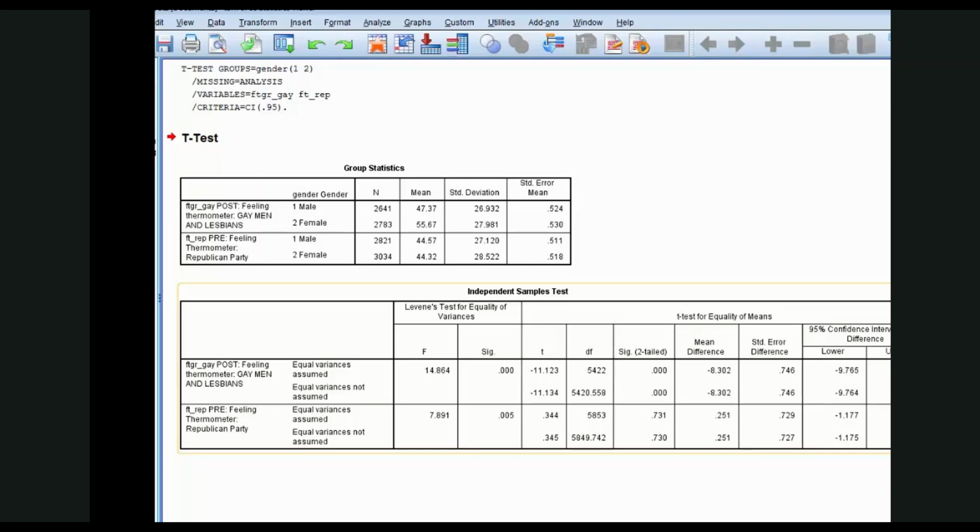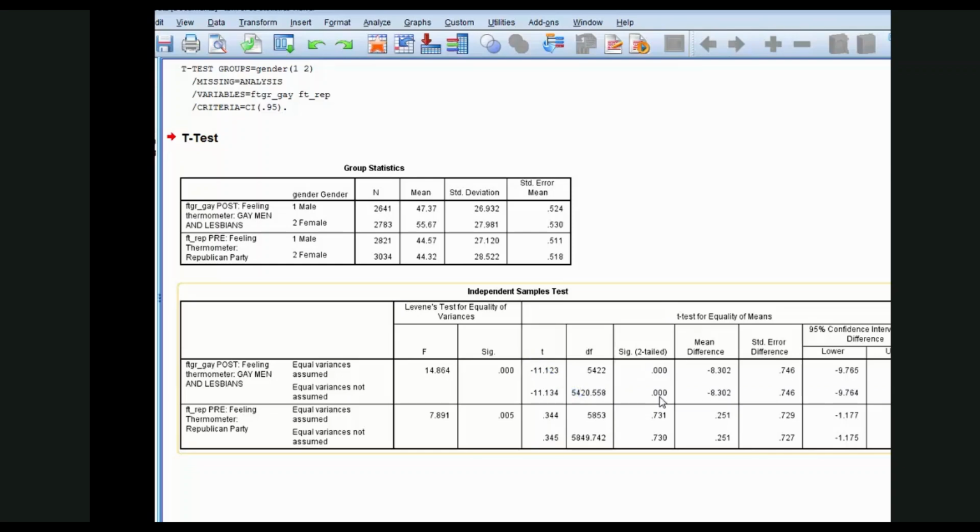Does zero occur within this interval? No, it does not. Zero is quite a ways away, even from minus 6.840. To find out the p-value, SPSS calculated a t-statistic, minus 11.134, and then returned a probability value of 0.000.